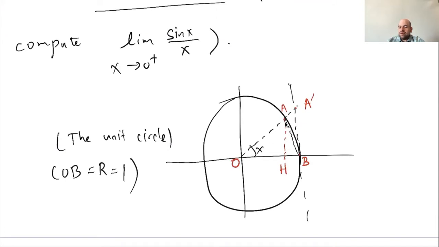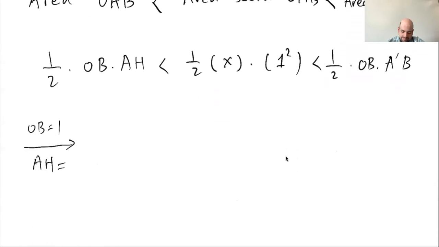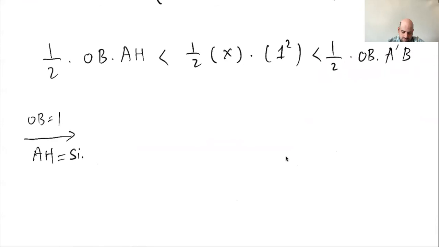So here the y value of this point A is considered as sine x. So AH is sine x. So this is 1/2 times 1 times sine x, less than 1/2 times x. And this one is less than 1/2 times OB, which is 1.